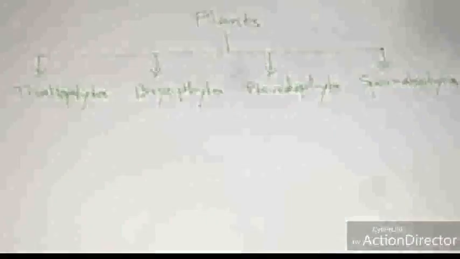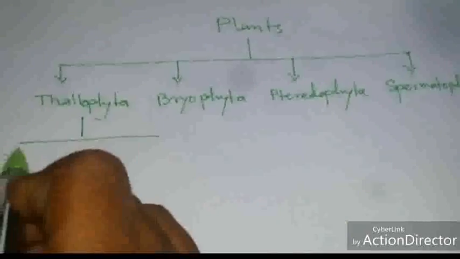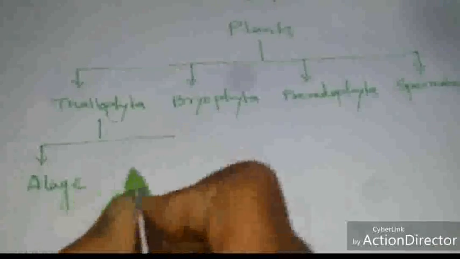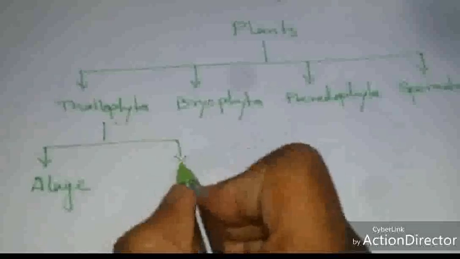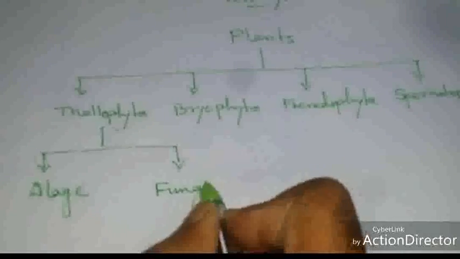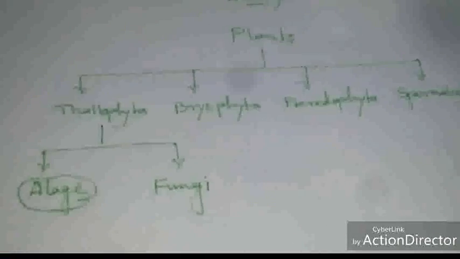Now, Thallophyta is also divided into two groups, which are called, first, algae and the second, fungi. Now I am starting from algae.